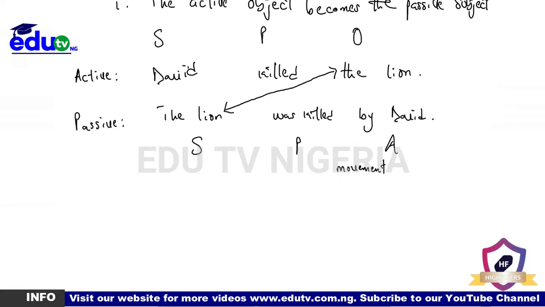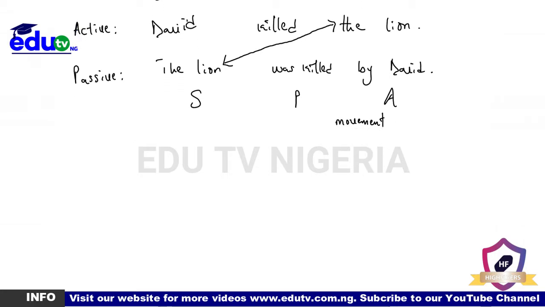Let's look at number two. Now we have the active verbal phrase. Now this would be a bit long, so sorry for this. The active verbal phrase, which is also known as the predicator, if you still follow in our topic.